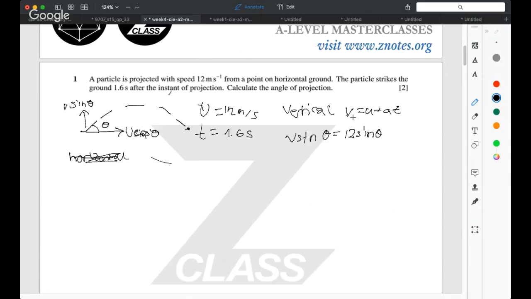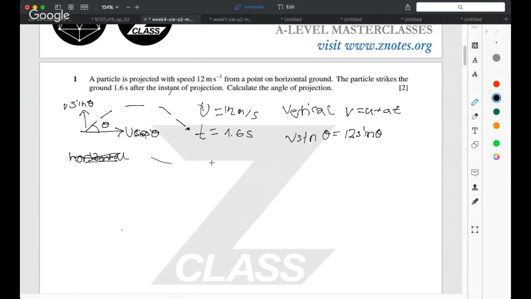Let's just think about this motion. As I said, the horizontal speed does not matter, it's only the vertical speed. If I throw something upwards, at this point I have an initial speed which is 12 times sine theta. What about at the top? If the ball goes from here to the top and then drops down, what is the speed at the top?